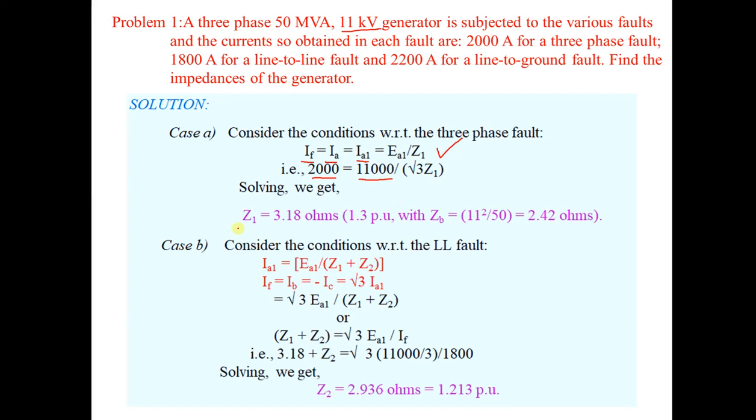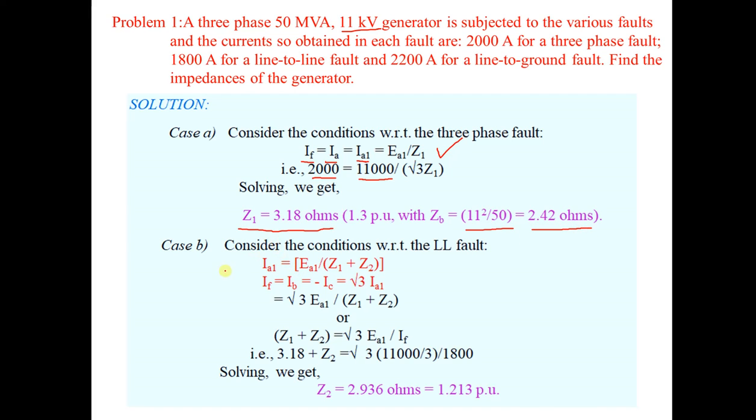From this we obtain the Z1 value. Also we have to find it in terms of per unit. 11 kV by 50 MVA, this is from the previous video lecture, kV square by MVA. So we obtained 2.42.